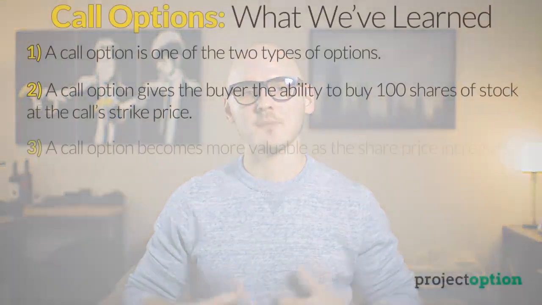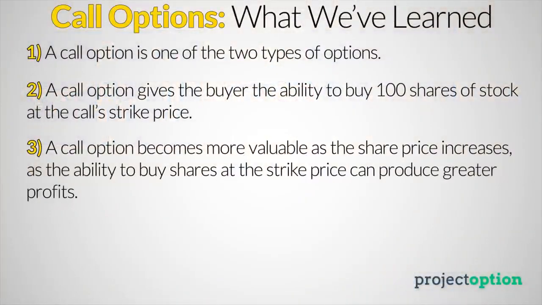And because the call option can purchase 100 shares of stock at the call option strike price, if the share price increases immensely, that ability or value is going to be immensely valuable, because if the share price ends up being $200 above that strike price, then you have a financial contract that allows you to buy 100 shares of stock $200 below the current stock price. And obviously, that's a pretty sweet deal.